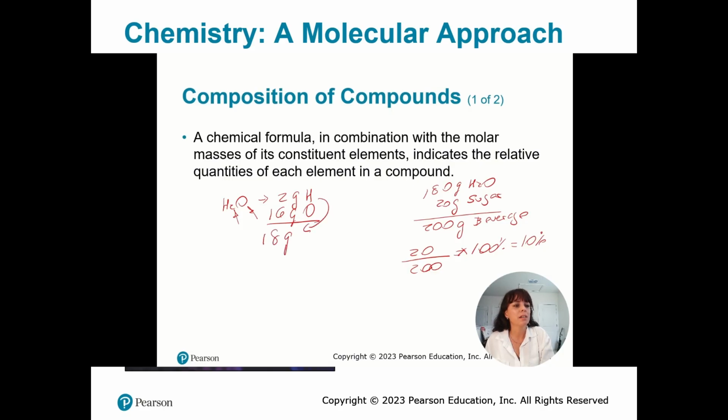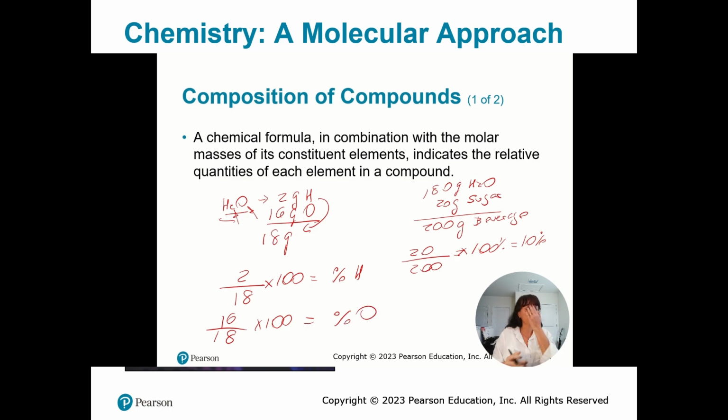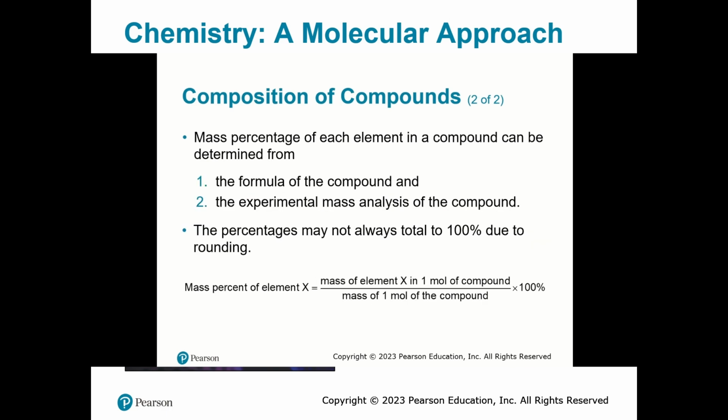For the hydrogen, I'm going to have 2 divided by 18, and if you multiply by 100, I'm going to have the percentage of hydrogen in this water molecule. If I do this with the oxygen, I'm going to have the percentage of oxygen in that water molecule. This is how we're going to do it always. So the mass percent of an element is equal to the mass of the element divided by the mass of 1 mole of the compound.